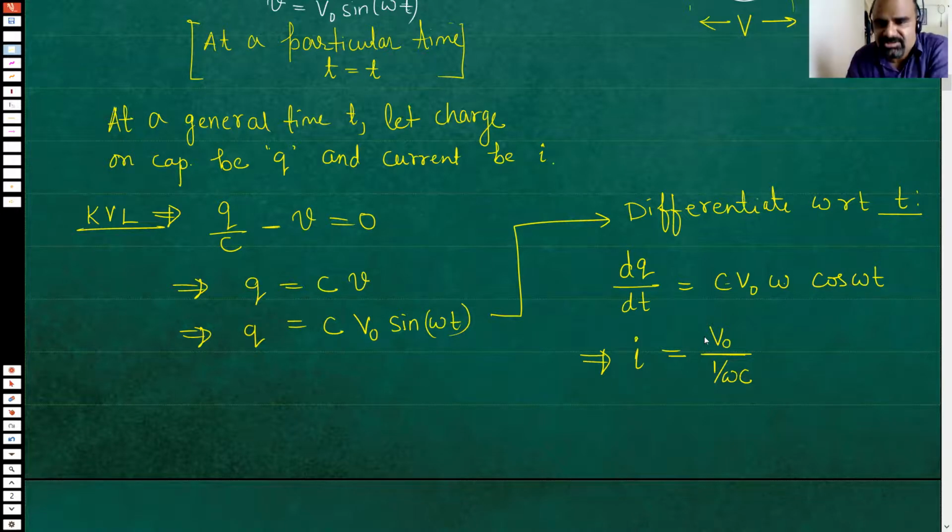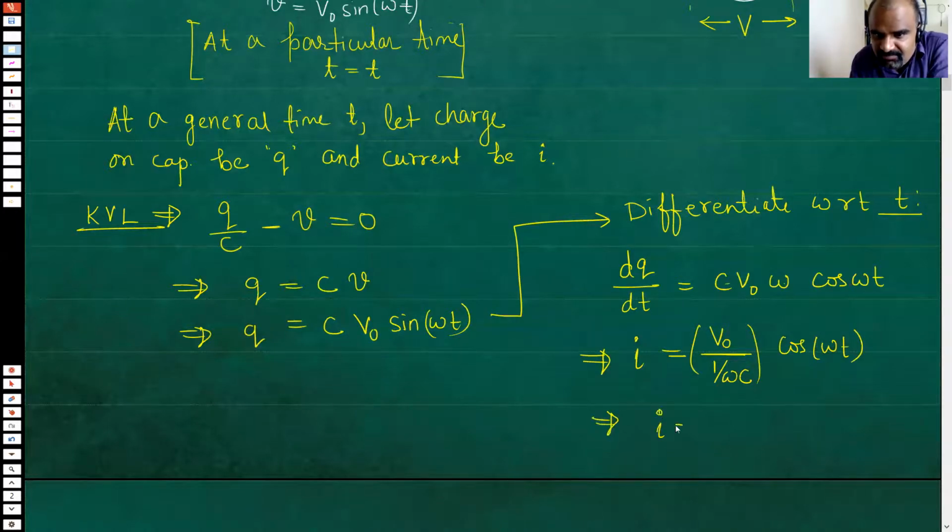You will understand just in a moment. Don't worry. And this will be cos omega t. So this current will be V naught by 1 by omega C. This quantity 1 by omega C is called capacitive reactance, capital X for reactance and C for capacitive reactance. And this is cos omega t.